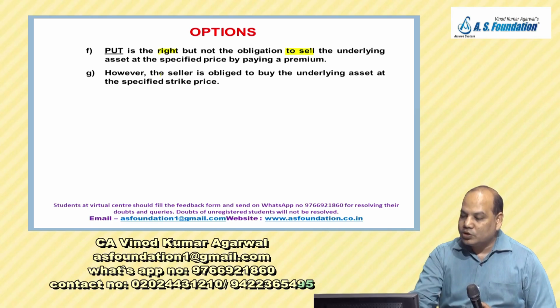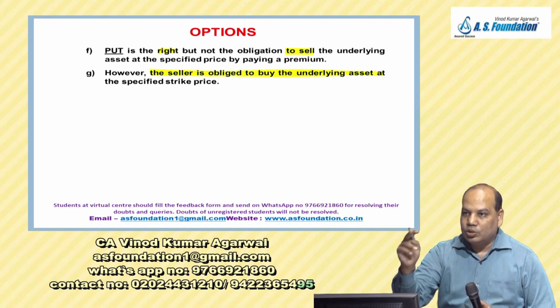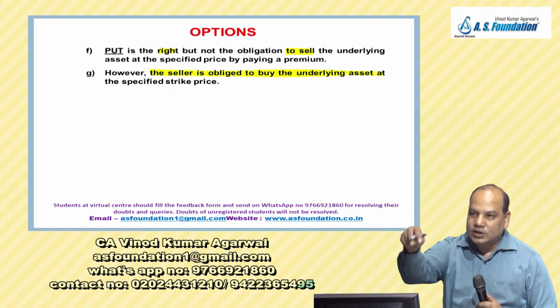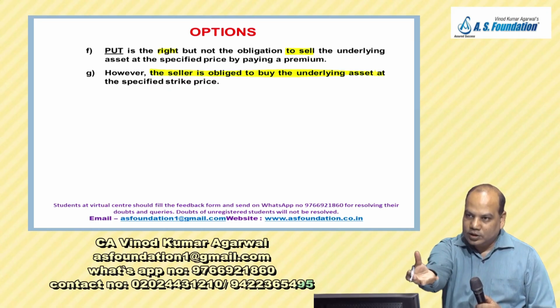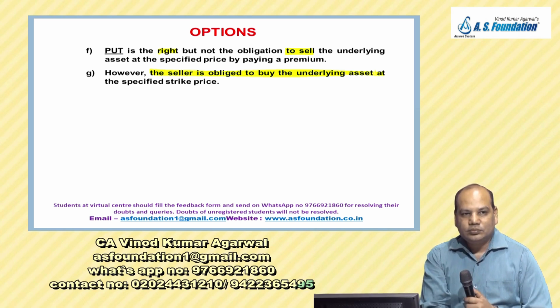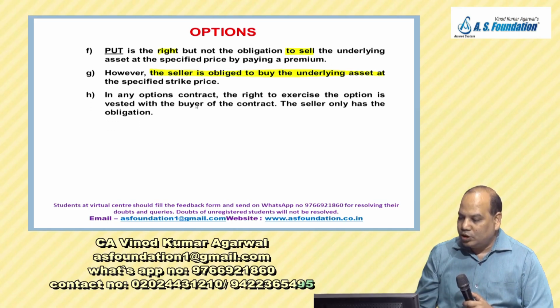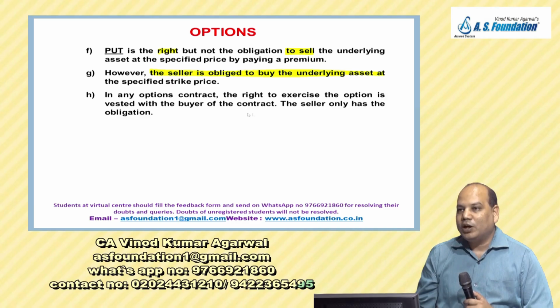What is the obligation of the writer of a put option? Holder has a right to sell, so writer has an obligation to buy at the strike price. In any option contract, the right to exercise the option is vested with the buyer of the option.